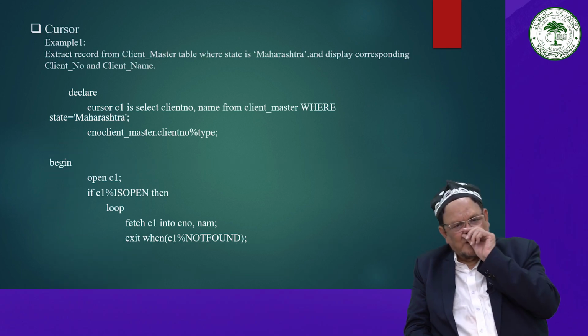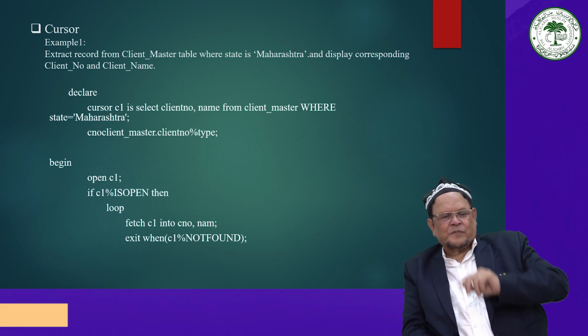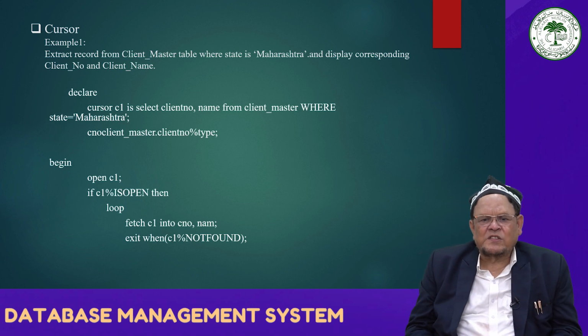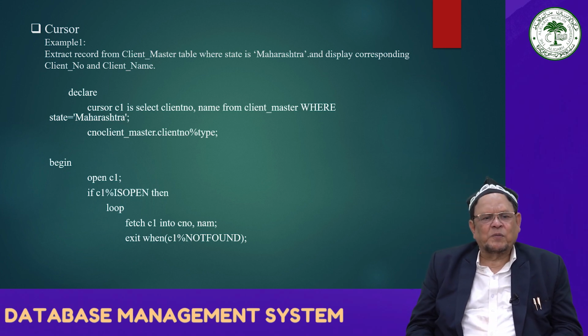So this is an example. In this way, we are able to write a program to extract records from the client master table where the state is Maharashtra and display the corresponding client number and client name.